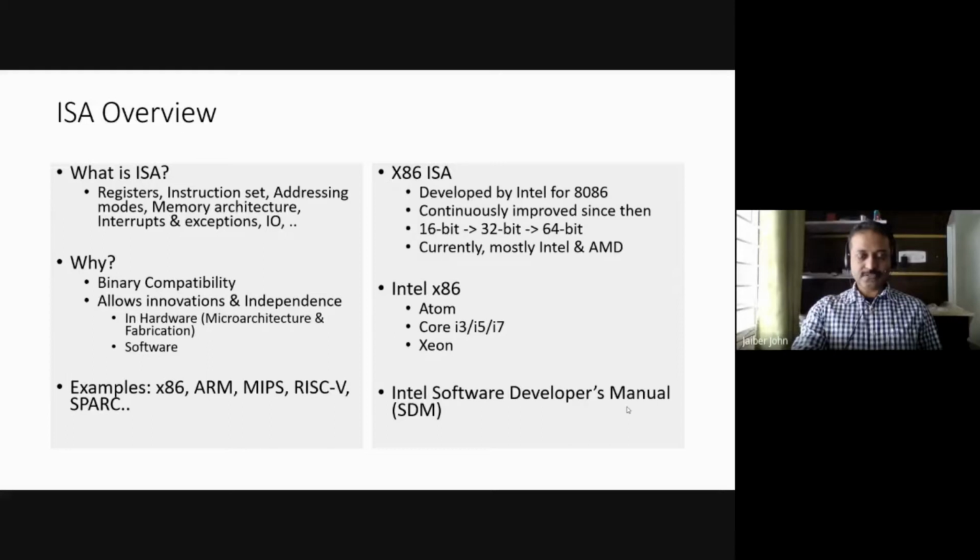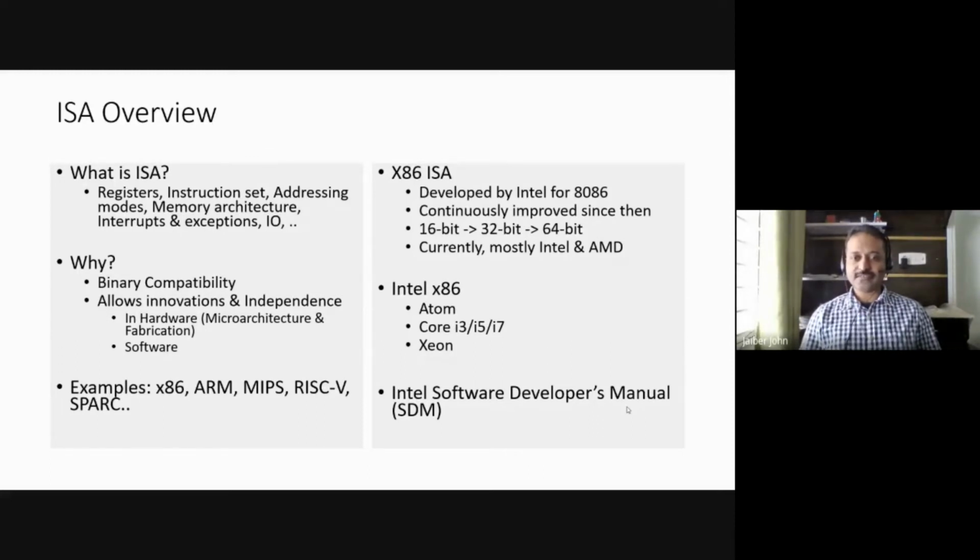Talking about Intel specifically, we have multiple processors like Atom, Core i3, i5, i7, and Xeon. All these processors follow the same ISA, and the code that we develop for one processor is compatible across all of them.